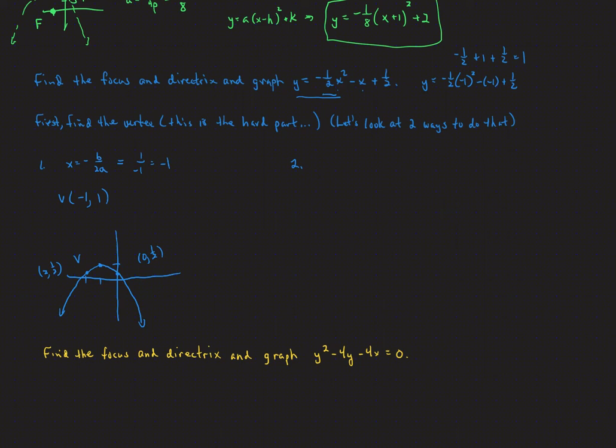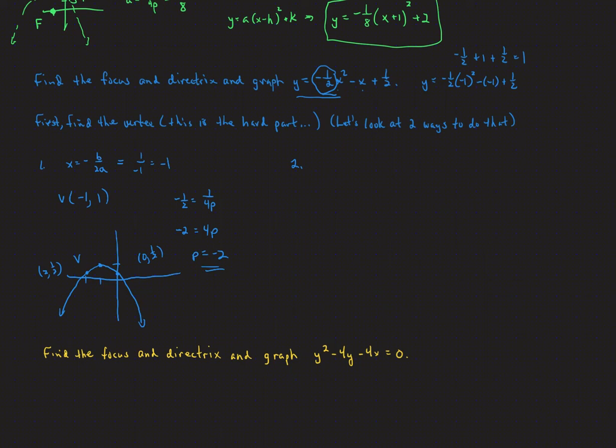Now we know that the a is 1 over 4p, so negative 1/2 is 1 over 4p. I'm going to take the reciprocal of both sides, so that's going to be negative 2 is going to be 4p, so p is going to be negative 2. I don't really worry much about the negative sign.